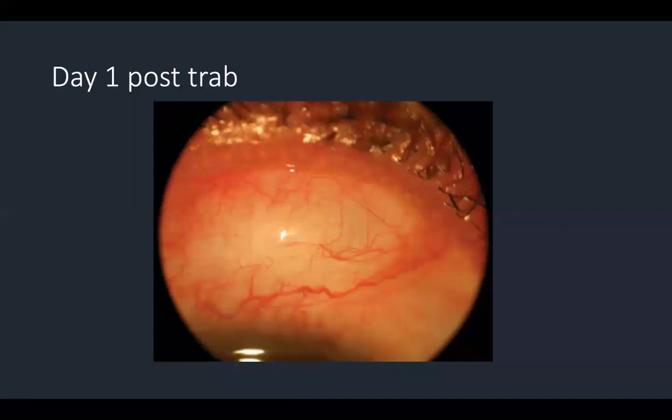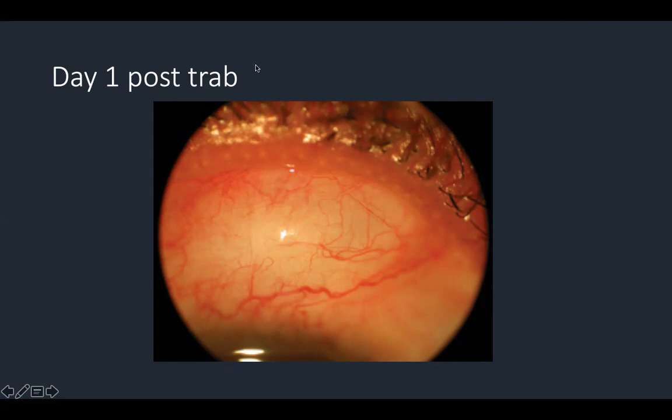What else would you like to see? So it's a low AC depth. It would be shallow in an overfiltering bleb. I would like to examine the fundus to look for choroidal folds. Excellent. What else? And any leakage, although with this elevated bleb, most likely there will be no leak.